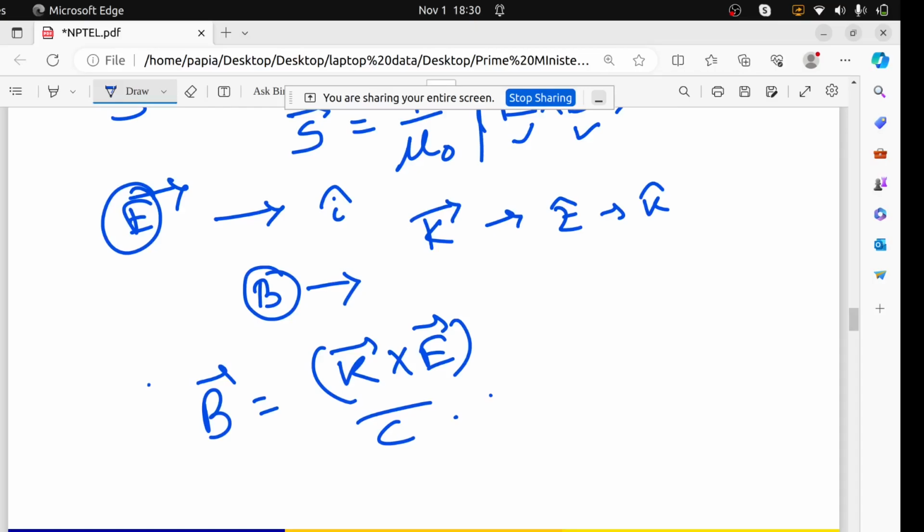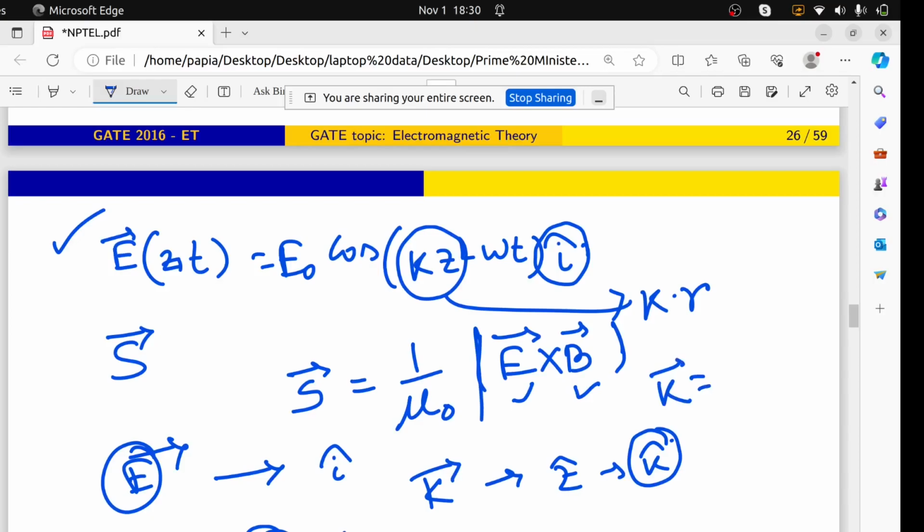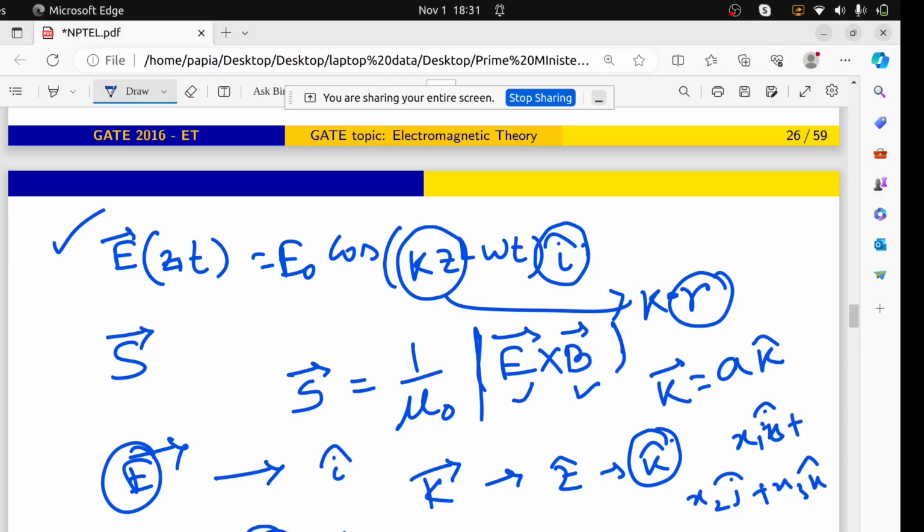How do we know the direction of k cap? Here kz is there, so what is this? It is k dot r.